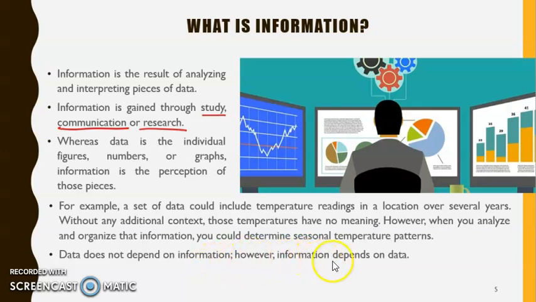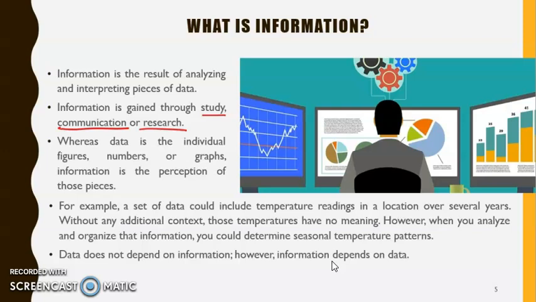However, information depends on data, because data is just factual things that we have, we see, we get, we hear without any analysis. But information needs data to be created.